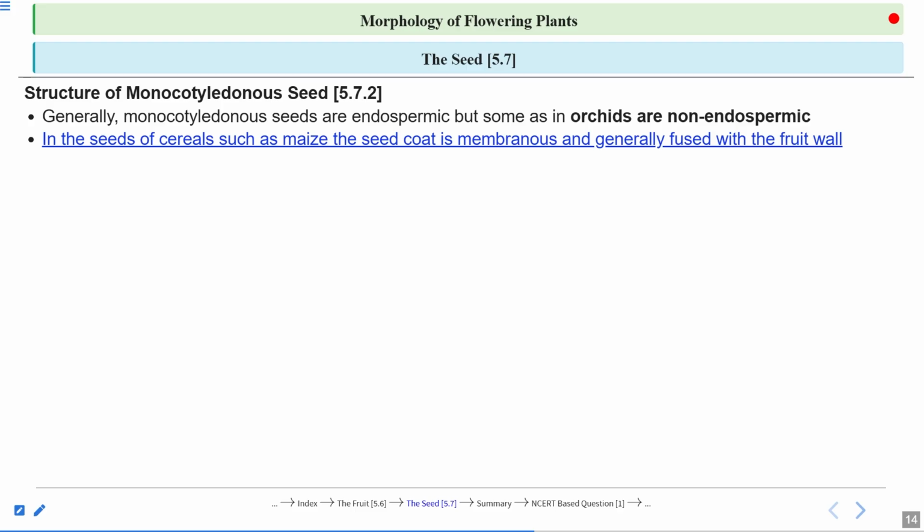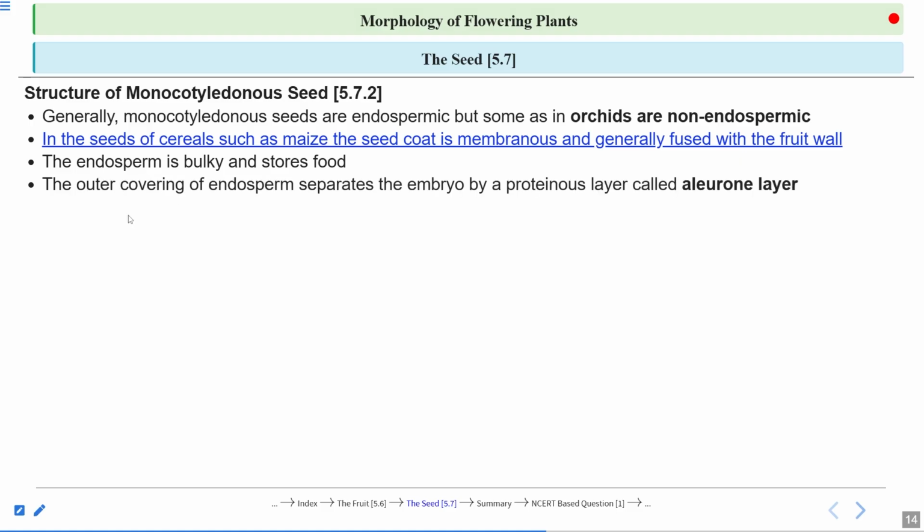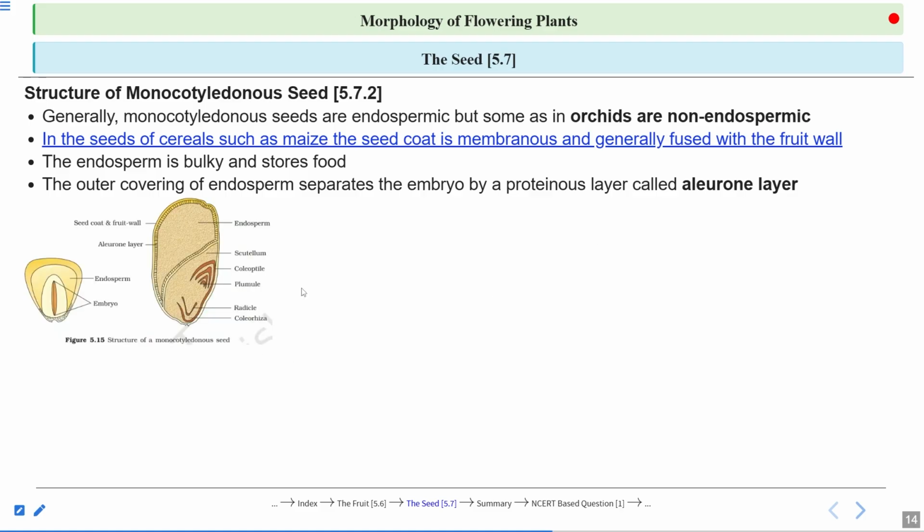In the case of maize, the seed is fused with the fruit wall. The endosperm is bulky and stores a lot of food. The outer covering of the endosperm separates the embryo by a proteinaceous layer called the aleurone layer.